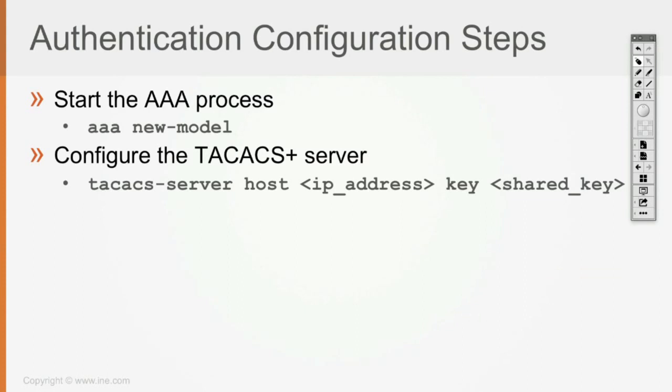I'm going to use the old method, which is a global configuration in configure mode, saying tacacs-server host, the IP address of the TACACS server, followed by a key. And then what is the key?